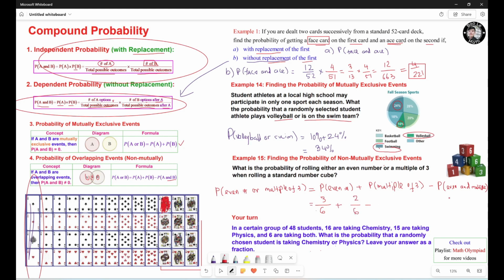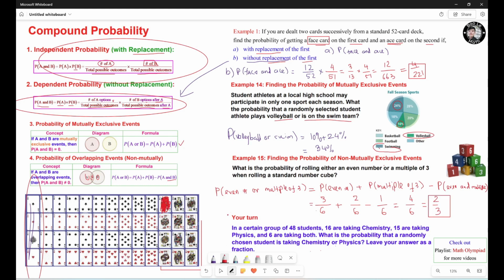Now we need to subtract even and multiple of 3, which is only number 6, so 1 over 6. So the answer must be 4 over 6, or 2/3. And this is the answer.